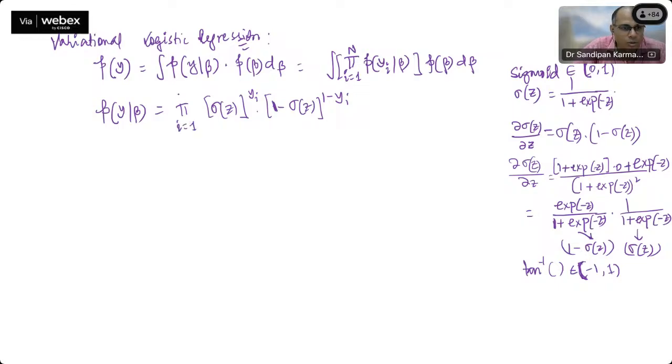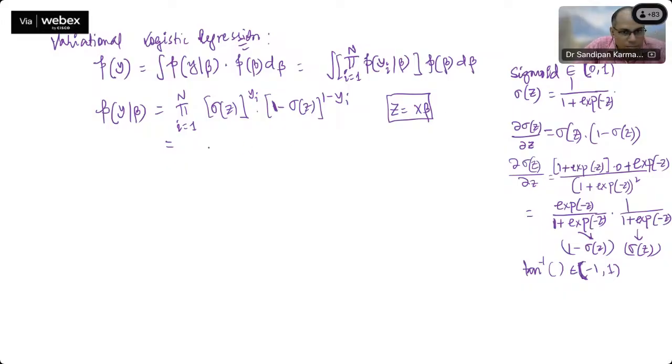This is i equals 1 to capital N. We can do it in a very nice way. Why am I writing z here? Because z is basically x beta. I am not writing x beta here because it will look clumsy, so that's why I am using z.